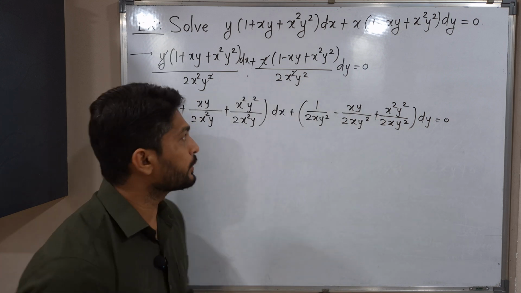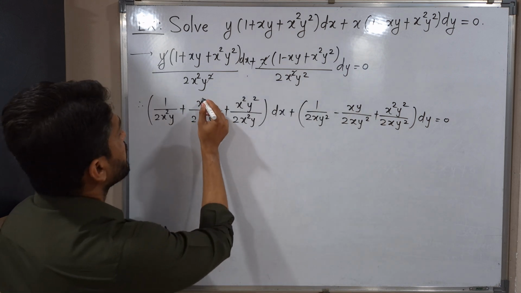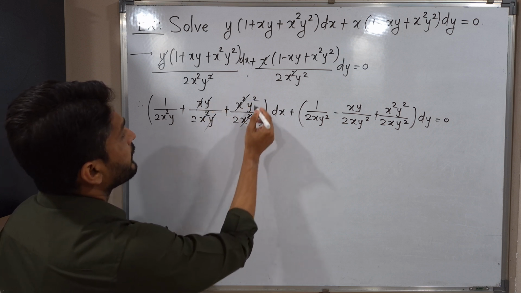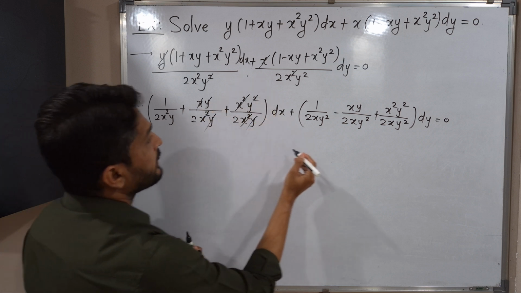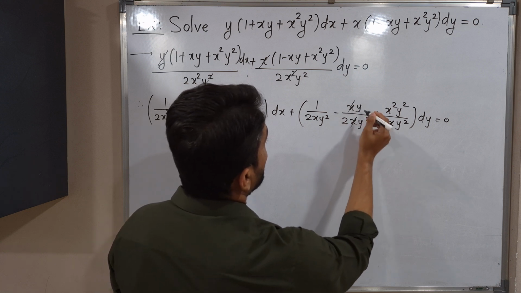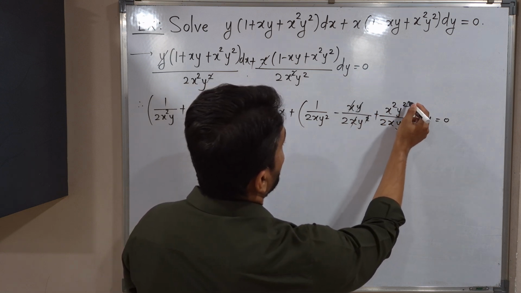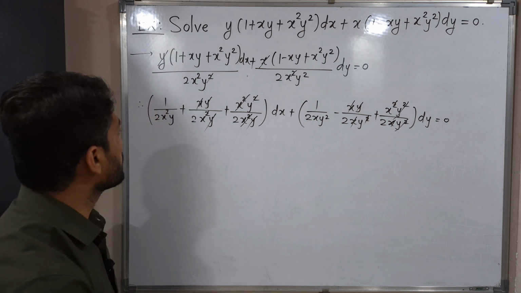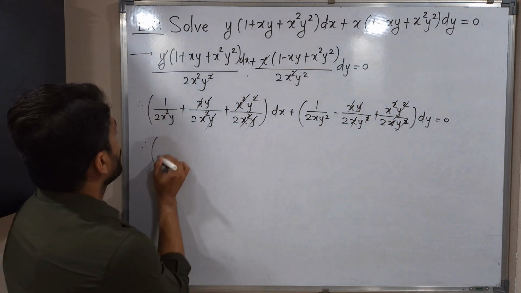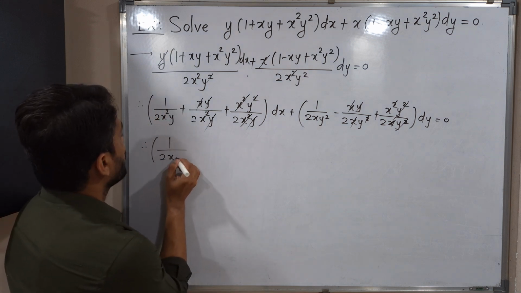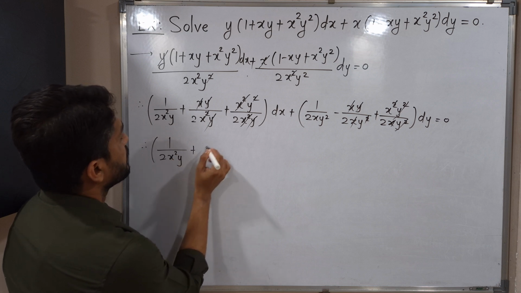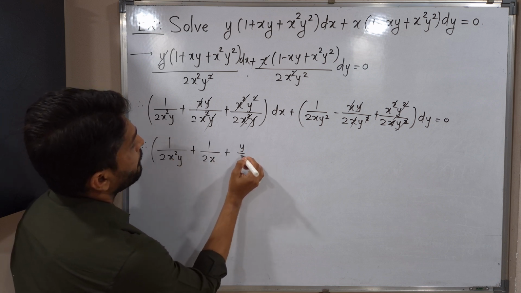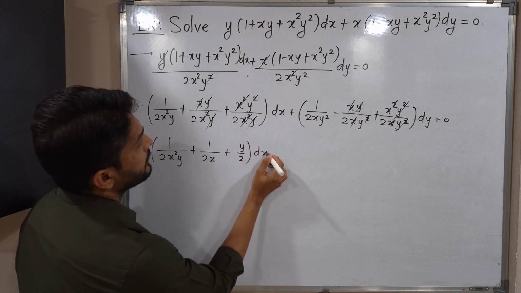So let us cancel out the terms. Okay, what can we cancel here? X, 1x will get cancelled, y will get cancelled, x square will get cancelled, 1y will get cancelled, x, 1y, y square, 1x. So let me write the remaining terms. 1 upon 2x square y plus 1 upon 2x plus y by 2 dx.